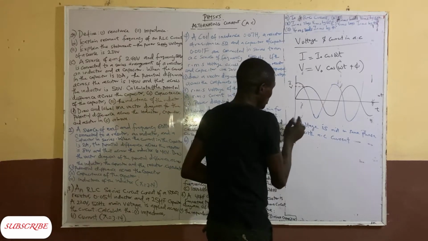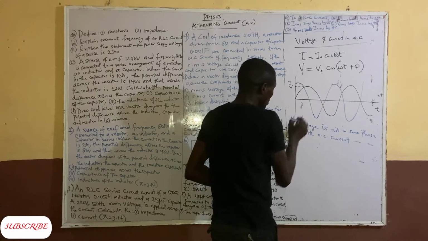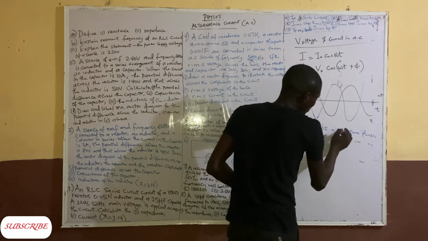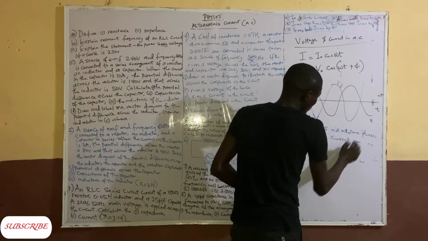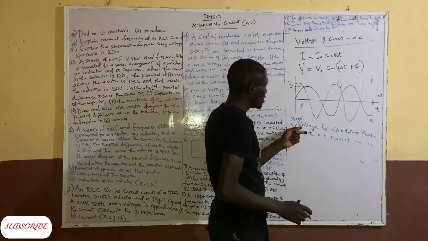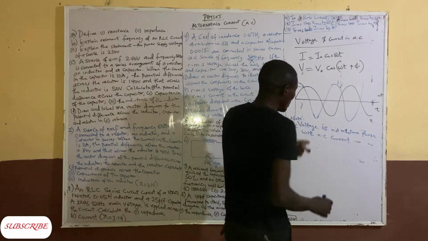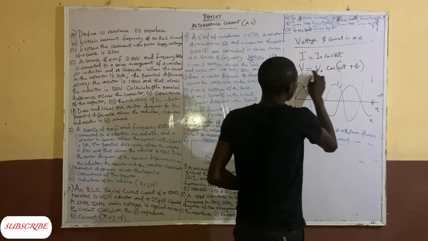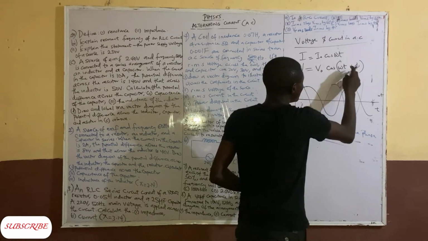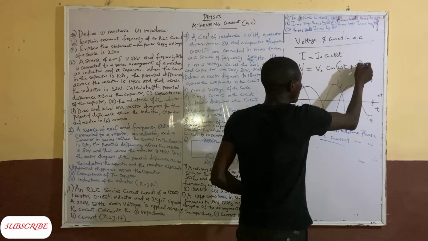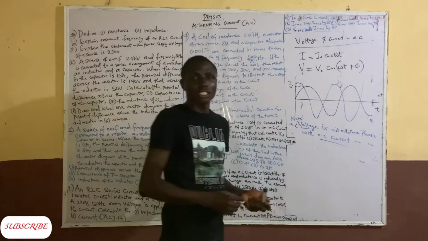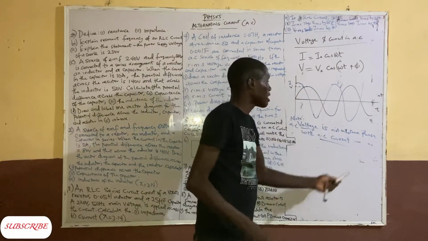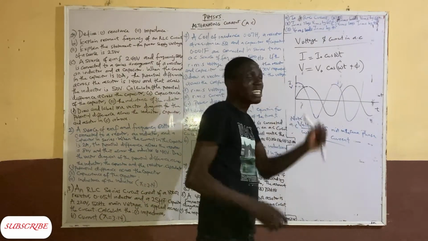Note that the AC voltage is not in the same phase with the AC circuit. And the difference is V equal to V naught cos(ωt + α). So this is the phase difference, which is alpha.